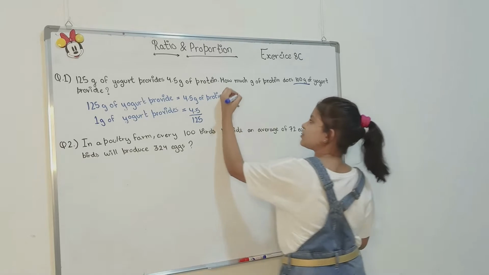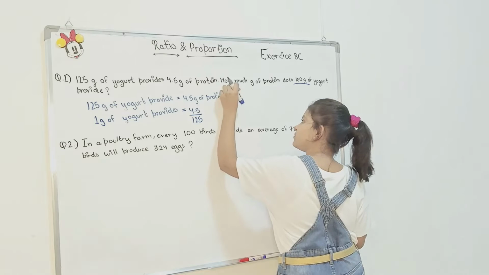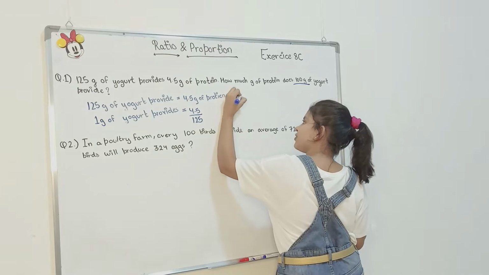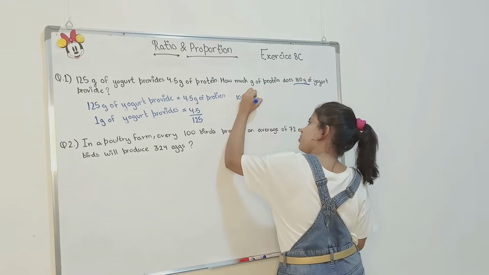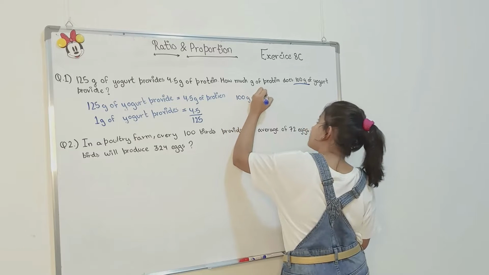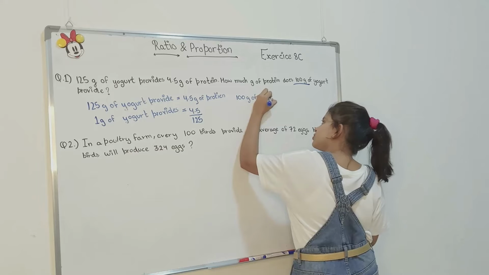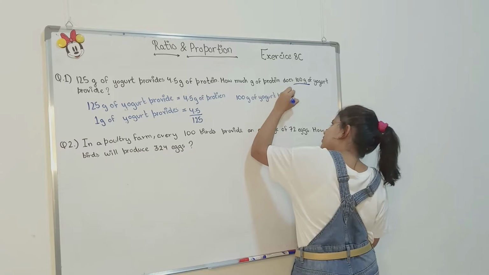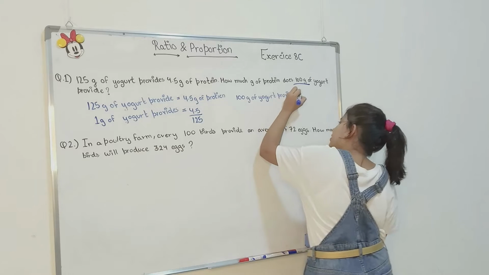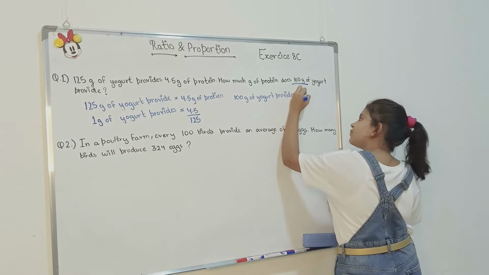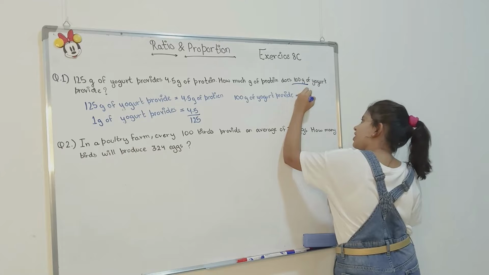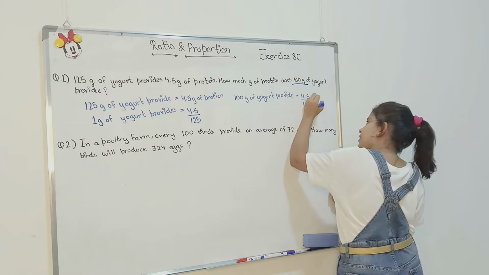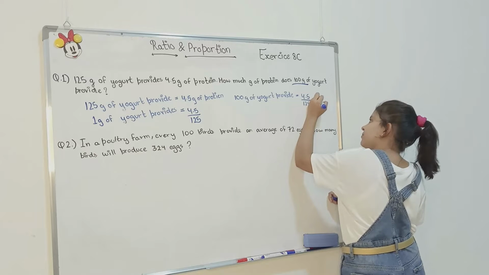So 100 grams of yogurt provide is equal to 4.5 divided by 125 multiplied by 100.